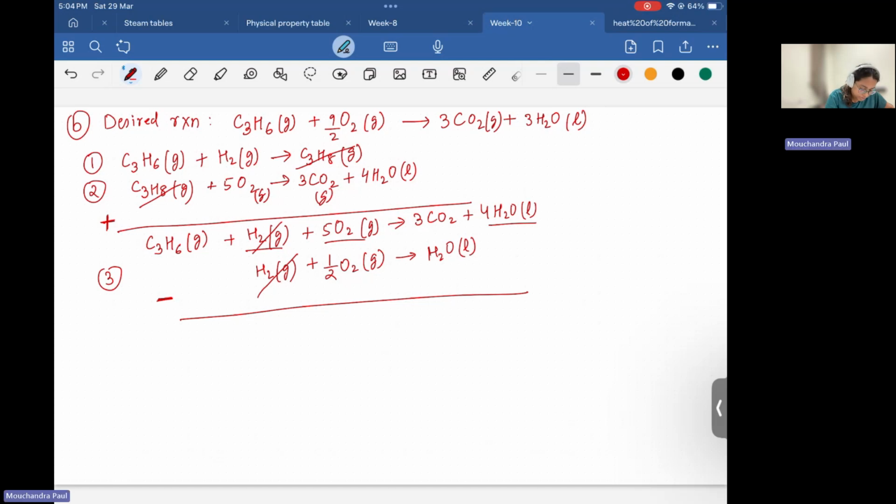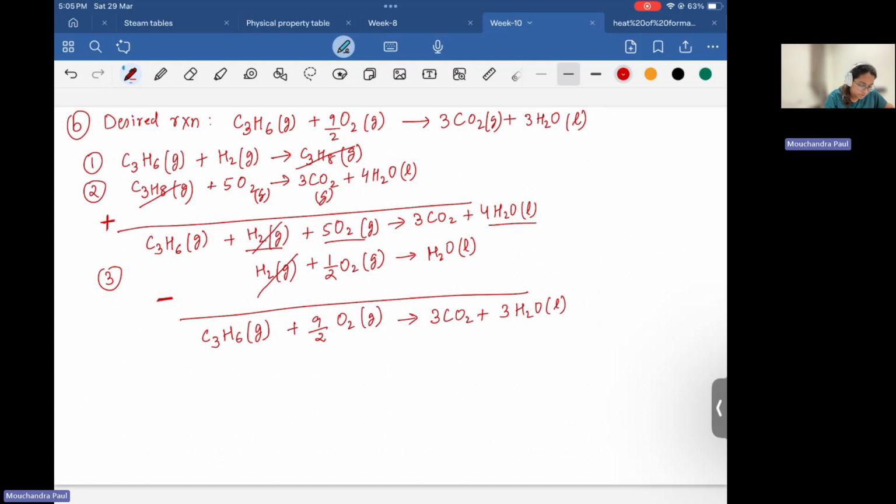We should get C3H6 gas plus, this is 5 minus half, that is 9/2 O2 gas, gives 3 CO2 plus 3 H2O liquid. That is the desired expression, right?